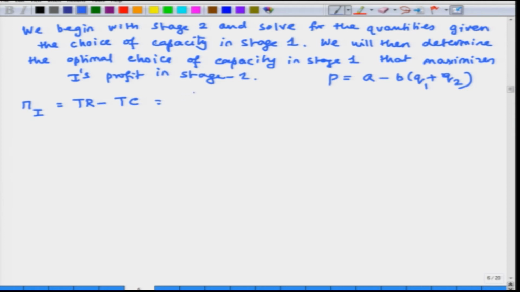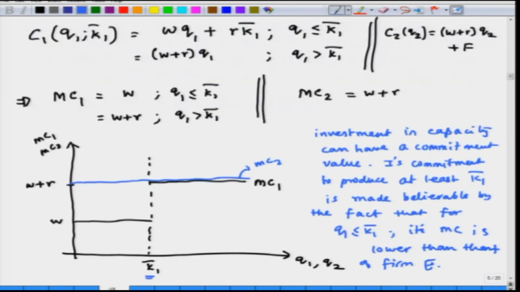So, that is going to be the price times quantity: A minus B times Q1 plus Q2, times Q1, minus the total cost. Now, recall the total cost can either be W Q1 plus R K1 bar if Q1 is less than or equal to K1 bar, or it can be W plus R times Q1.